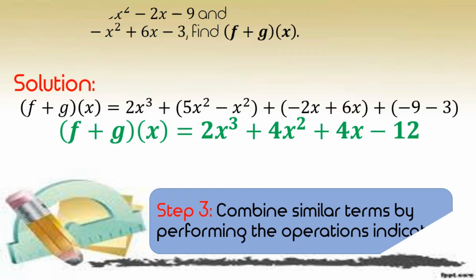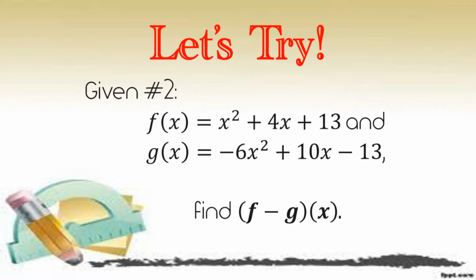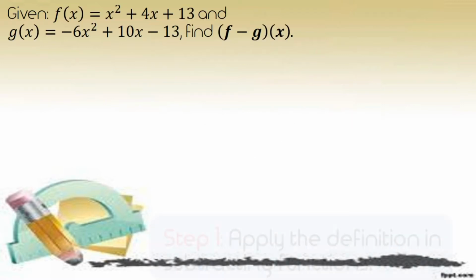To understand the concept better, let us have the next example. The given are f of x is equal to x squared plus 4x plus 13 and g of x is equal to negative 6x squared plus 10x minus 13. We're going to find f minus g of x.